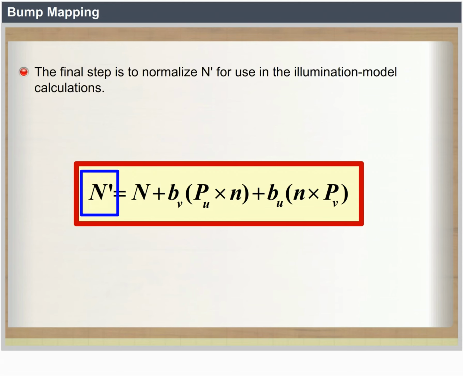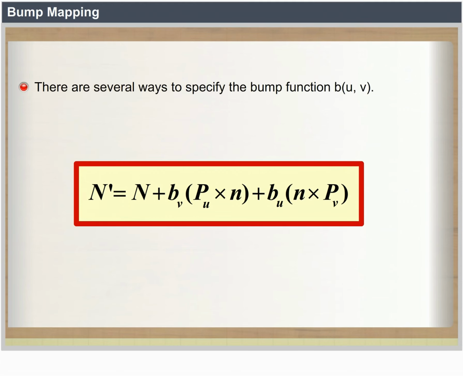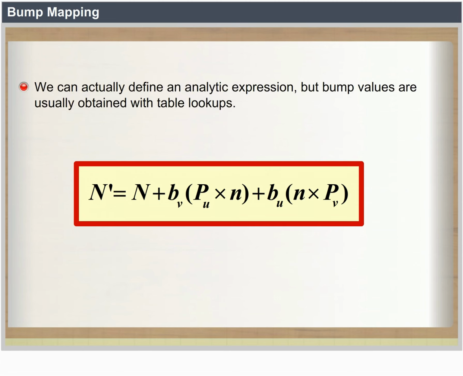The final step is to normalize N' for use in the illumination model calculations. There are several ways in which we can specify the bump function B(u,v). We can actually define an analytic expression, but bump values are usually obtained with table lookups.